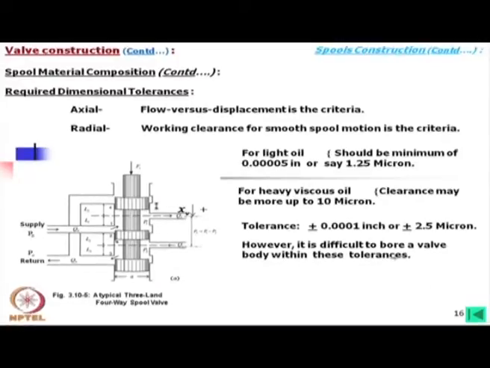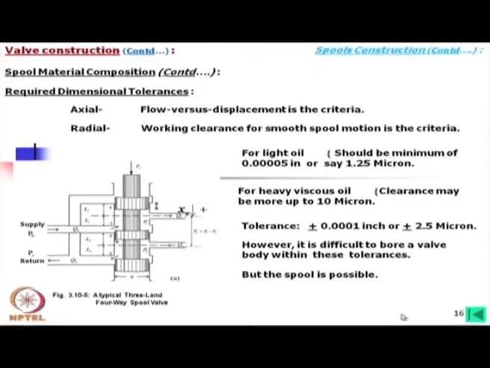However, it is difficult to bore a valve body with these tolerances. That means boring of this sleeve, making this bore, is difficult. However, we can make the spool to such tolerances, that is we are grinding externally, it is possible.